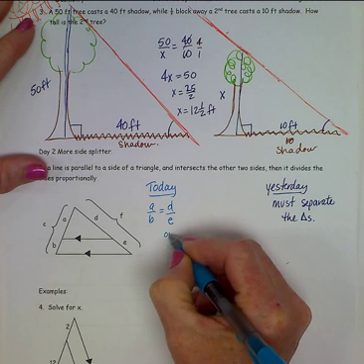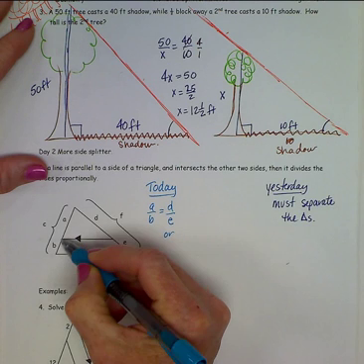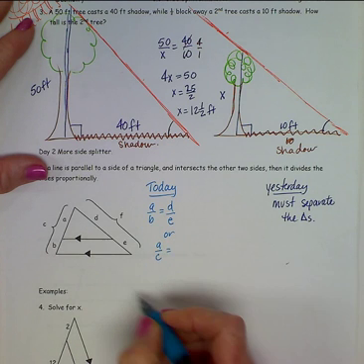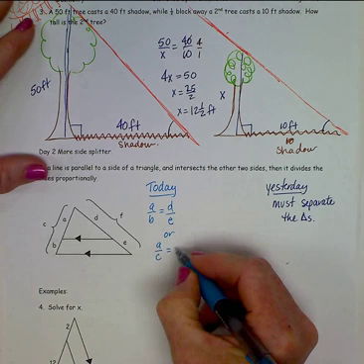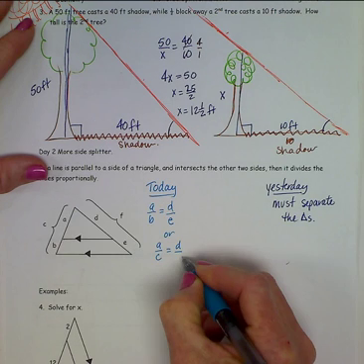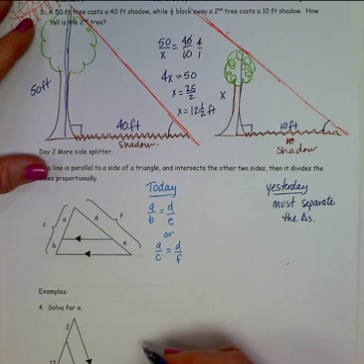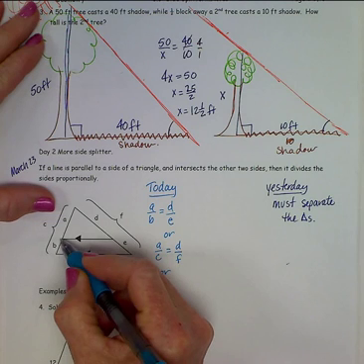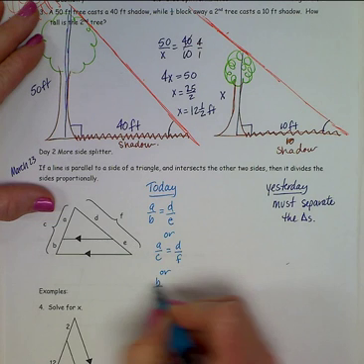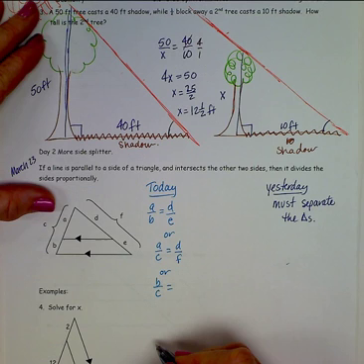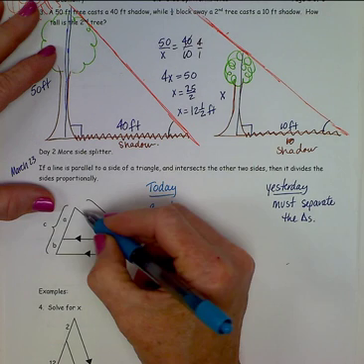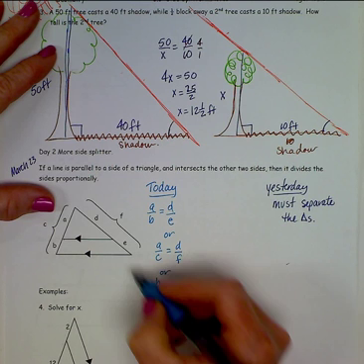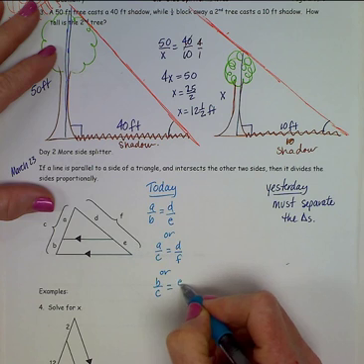Or another proportion is we could say this top part, A, to the whole thing, C, equals, on the right side, the top part, D, to the whole thing, F. Or, there's one more even, and it's this bottom piece, B, to the whole side, C, equals, all right, what's the other side? Bottom piece, E, to the whole thing, F.